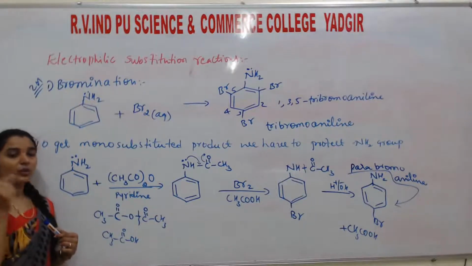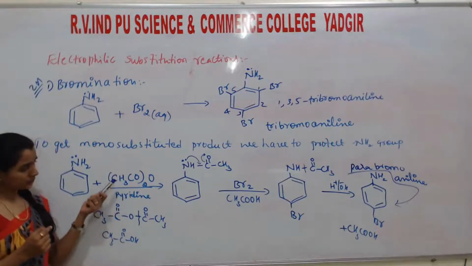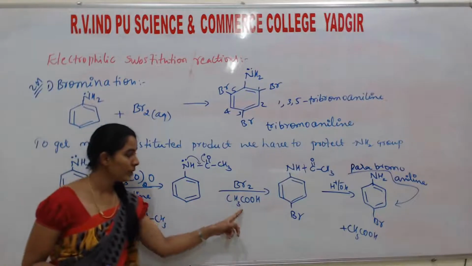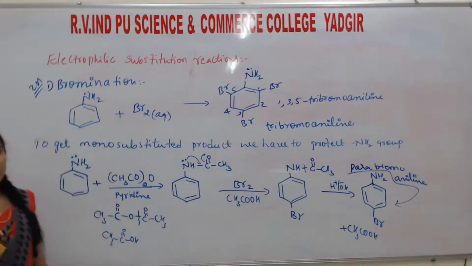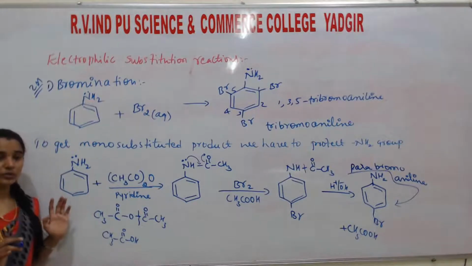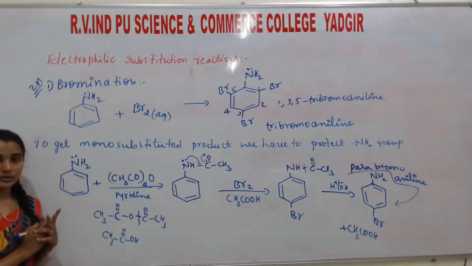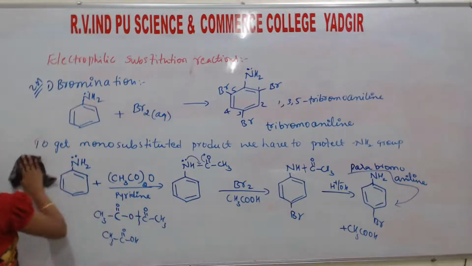If they mention what is the product formed when the aniline reacts with bromine in presence of acetic acid, bromine in presence of acetic acid means it gives para-bromoaniline. That is the product you are going to write. This type of questions they are going to ask for 2 marks. You have to remember that. Understand?